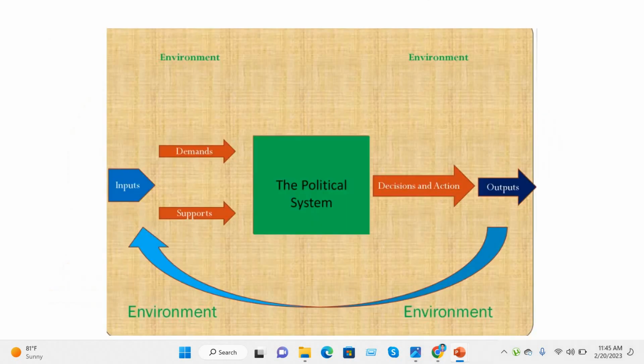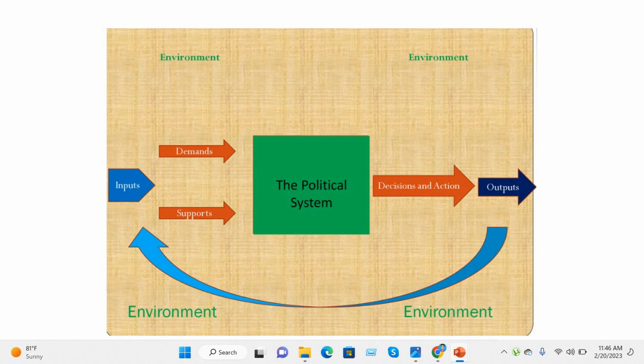You can see this slide. I hope you also have a good understanding of the political system model. The environment observes and inputs demands on some issues. The political system processes them and makes decisions and actions as output.